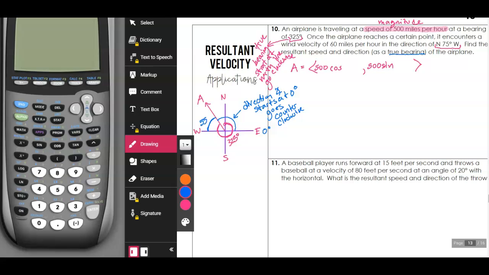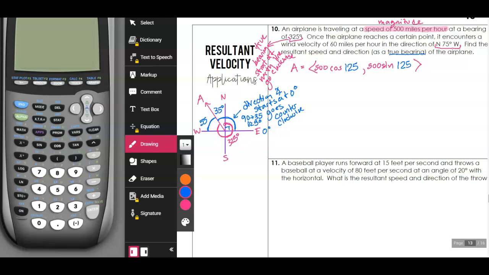And then we know one quadrant is 90. So she did 90 take away 55 to get that this is 35. And then to get our direction angle, you have to add it to another 90. So what she did was 90 plus 35 and got 125.